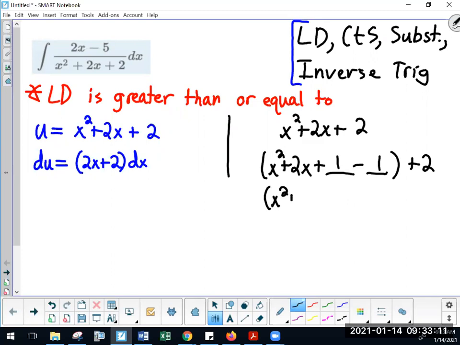So I look at x squared plus 2x plus 1. That's the part I'm factoring, which is x plus 1 quantity squared. Okay. So if I do that, how's that look for the denominator? I mean, it kind of works, right? Kind of works.